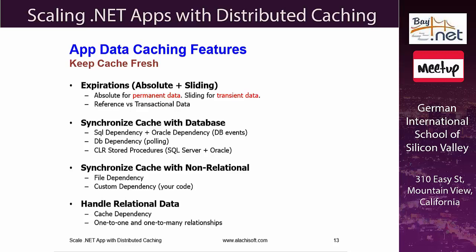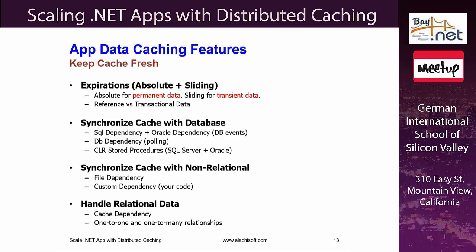It'll get all of them, maybe 1,000 of them or 10,000 of them. And then for all of those, in one fetch, it can synchronize them with the cache. Synchronization means it'll remove or it'll reload. In one fetch, it can do that for 1,000. So that is more scalable than SQL dependency.